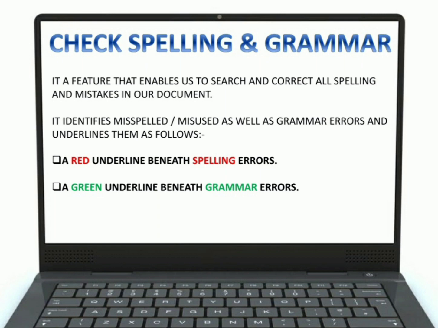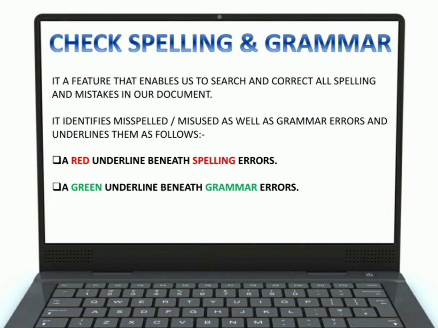Kids, in the case of any type of spelling error, Microsoft Word shows a red underline beneath that misspelled word, and it shows a green underline beneath those words which are grammatically wrong.